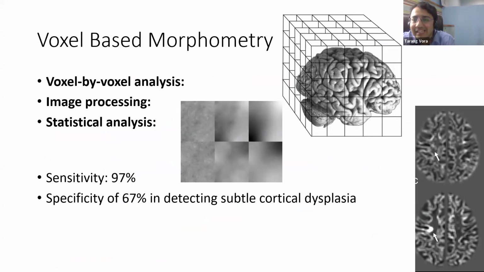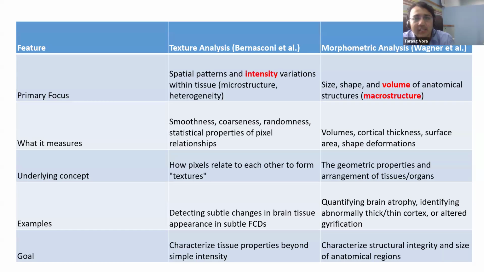Texture is looking at the intensity of the gray signal and the intensity of the white signal in each voxel, whereas VBM is looking at the volume, the structure that is inside. To differentiate between texture analysis and morphometric analysis, it is very simple. Texture is looking at intensity. It's a busy slide, but the morphometric analysis is looking at only volume: volume, size, and shape of anatomical structures.